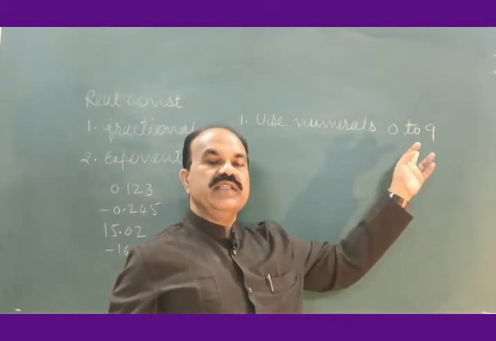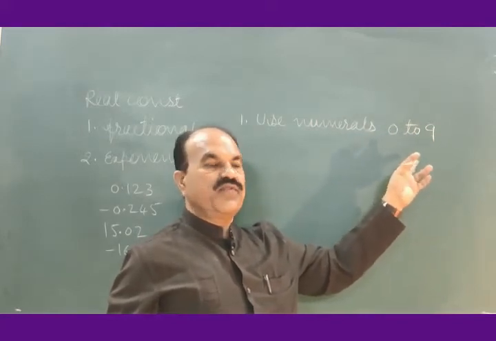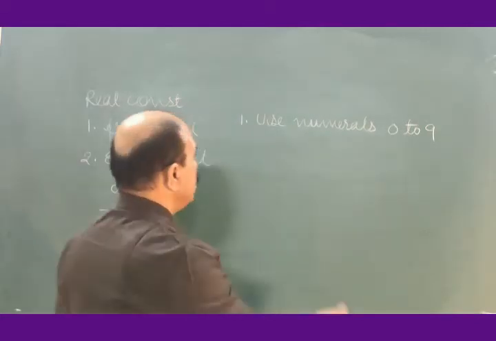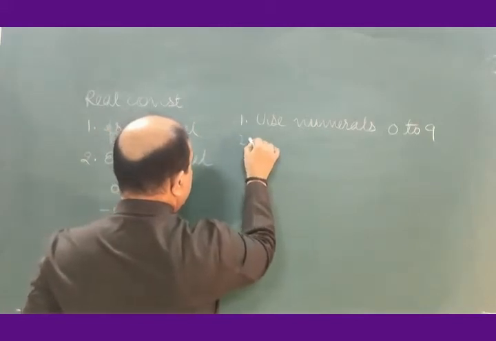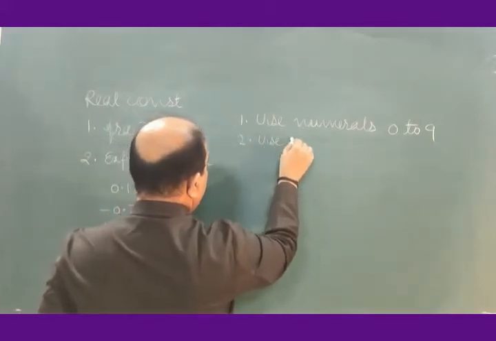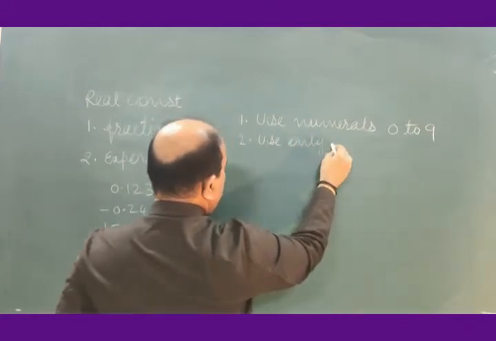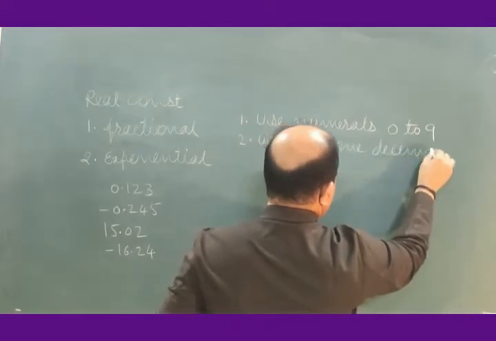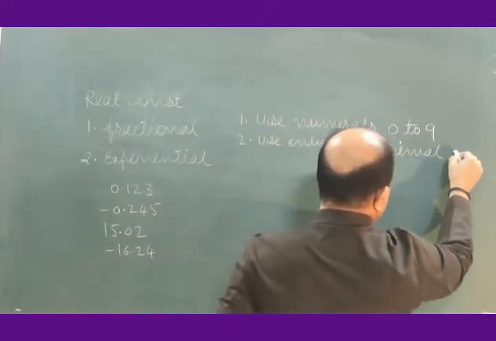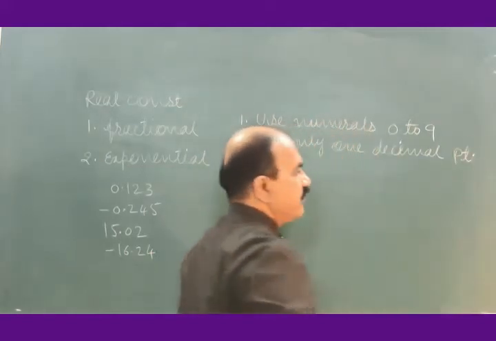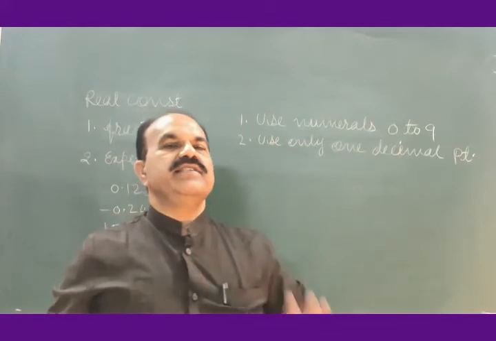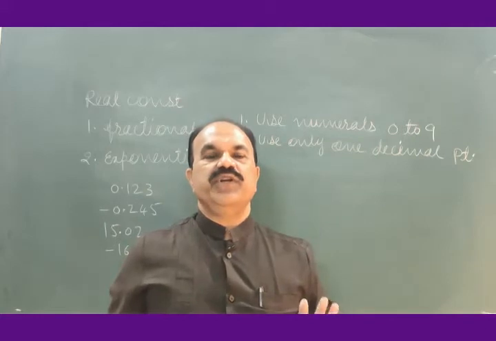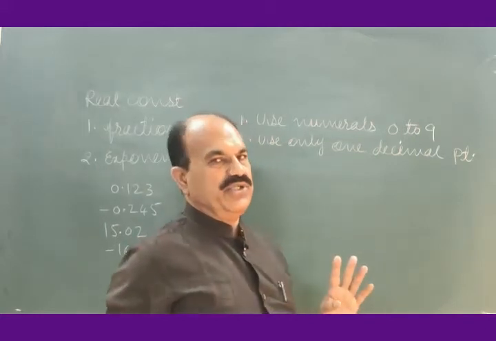We can use the required numerals from 0 to 9. First rule. Second rule, use only one decimal point. You are allowed to use one decimal point.